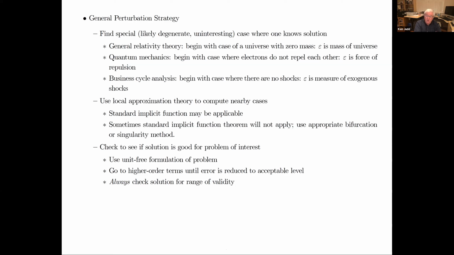Now what you do is you say, okay, now let's increase the mass a little bit. Let's add a little bit of matter into the universe. And by the way, the equations of general relativity look quite forbidding, quite formidable. In fact, one economist made a reference about the equations of general relativity being impenetrable.